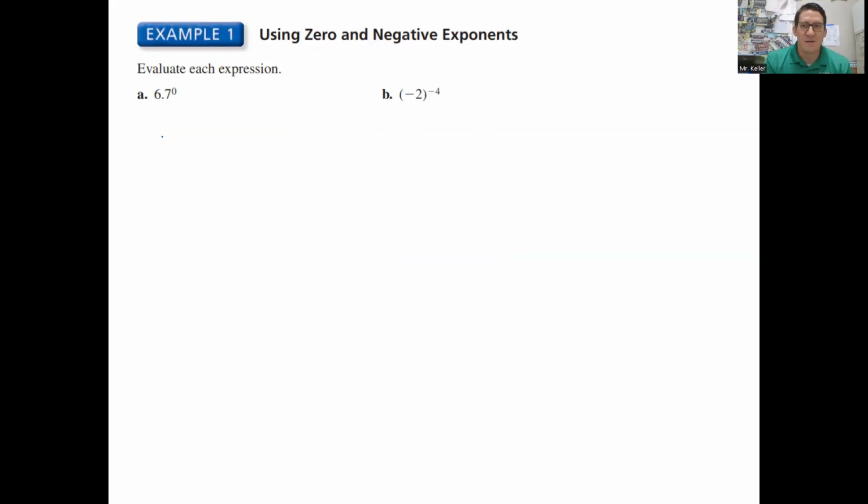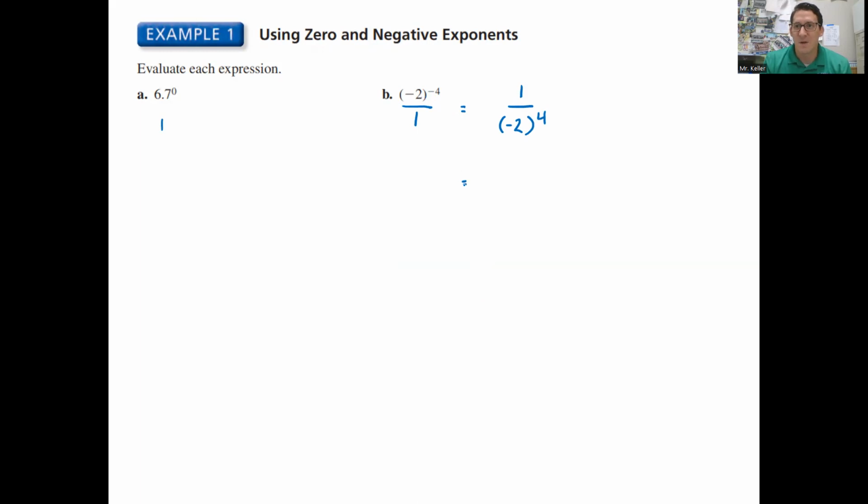So let's do a couple examples. Evaluate the expression. Anything to zero power is one. That one's easy. This one here, negative 2 to the negative 4 power. It might be easier to think of this as a fraction. The negative exponent flips the fraction, so it's going to be 1 over negative 2, and then the exponent becomes positive.